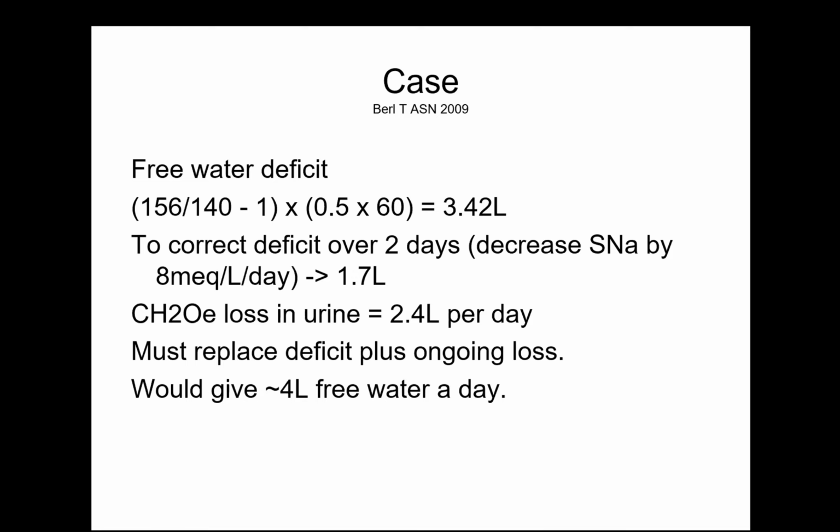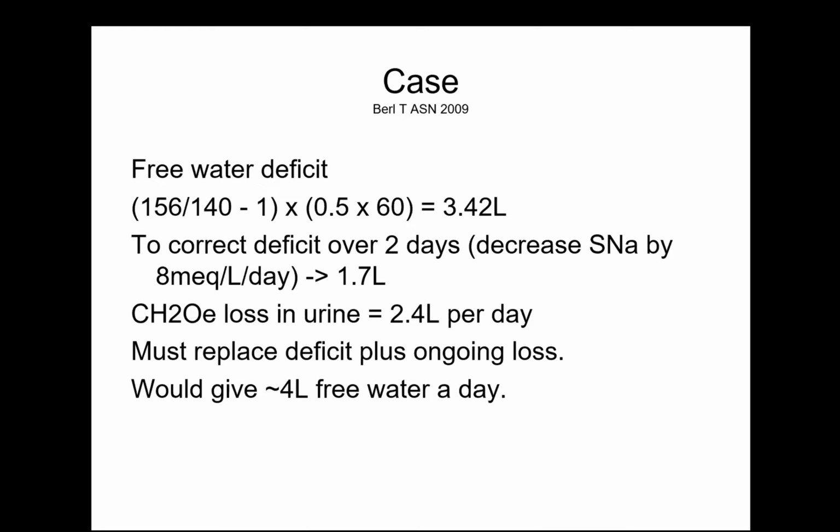So you're going to have to give it to her. You can give it in two forms, IV or by mouth or through NG tube or OG tube, right? So you can half it. You can give 2 liters of free water through the IV, 2 liters through the NG tube. Or you can give it all by IV. So it kind of depends on the person.